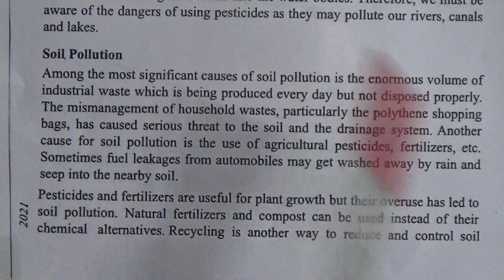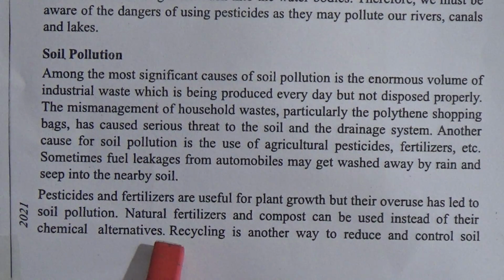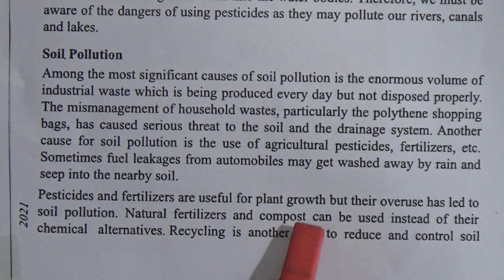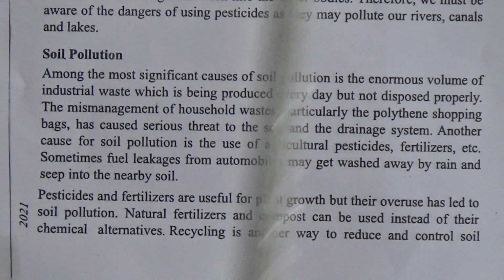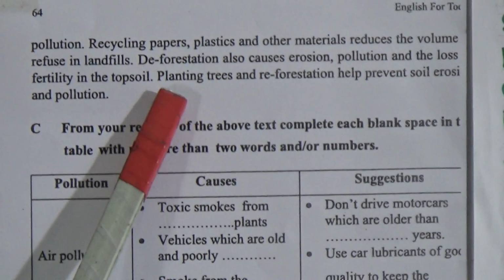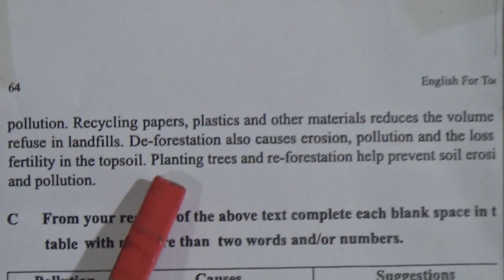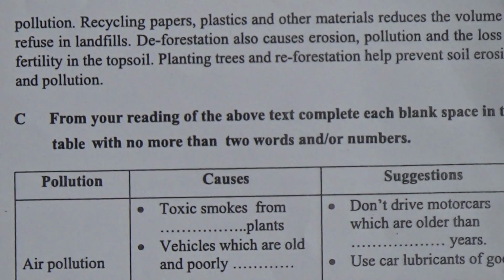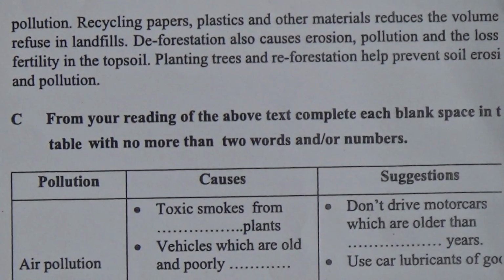So that's why we have to think about other alternatives, and we can use natural fertilizers and compost so that we can prevent soil pollution. And also we have to plant so many trees, and we have to think about reforestation because it can prevent soil erosion and pollution.